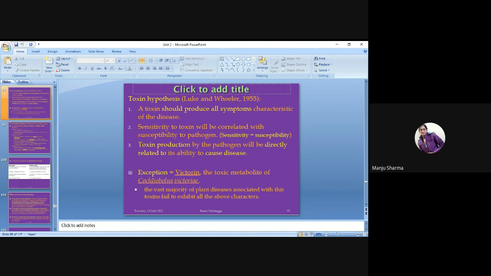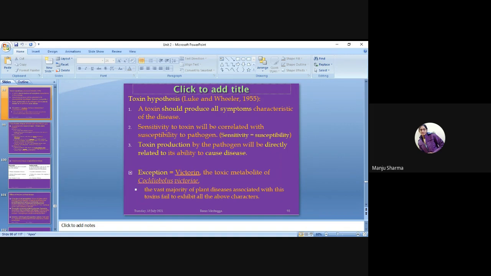Then the toxin hypothesis, by Luke and Wheeler in 1955. A toxin should produce all symptoms, that is, characteristics of the disease.